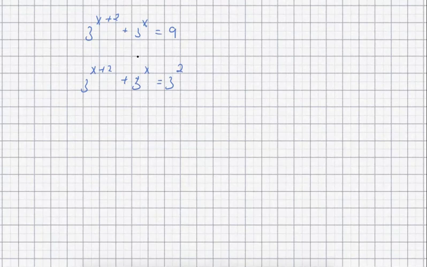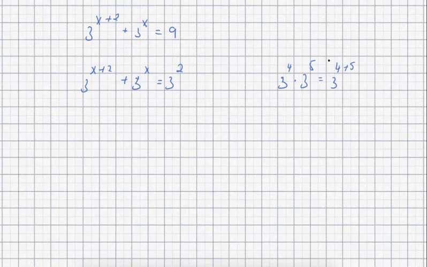We know, for example, that if you have 3 to the power of 4 times 3 to the power of 5, it equals 3 to the power of 4 plus 5. Then you add them. Now 9, see that and work it backwards.